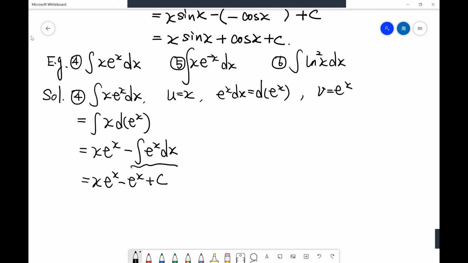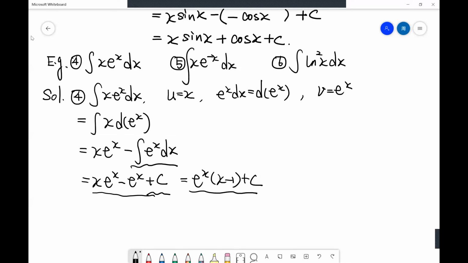Or you can write it as e^x (x minus 1) plus c. Each one is okay. You don't have to take the function e^x out as a common factor. Okay, so here is the solution for number 4, and I think that is easy for you, right?